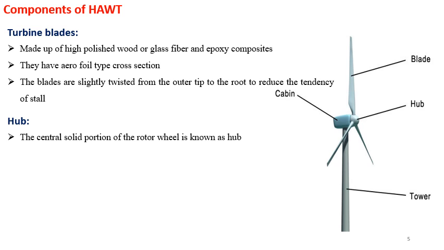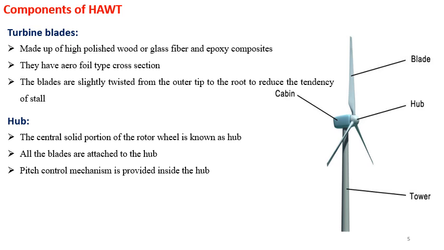Then about the hub, it is the central solid portion of the rotor wheel, and all the blades are attached to the hub. We can say it is one type of connection to the rotor. The pitch control mechanism is provided inside the hub.